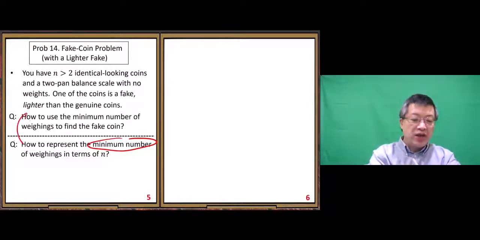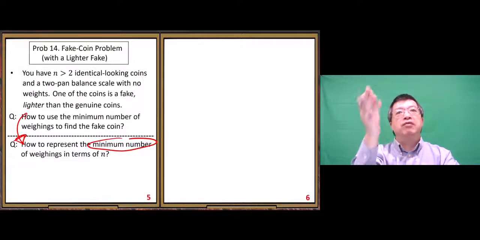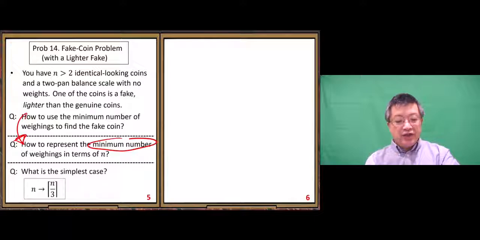That's how we translate the original question to this version: minimum number of weighings in terms of n. When we look at this formula, what is the simplest case?